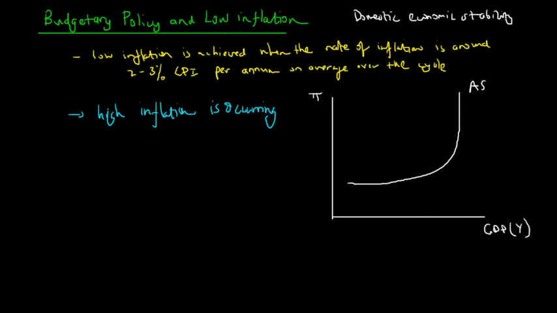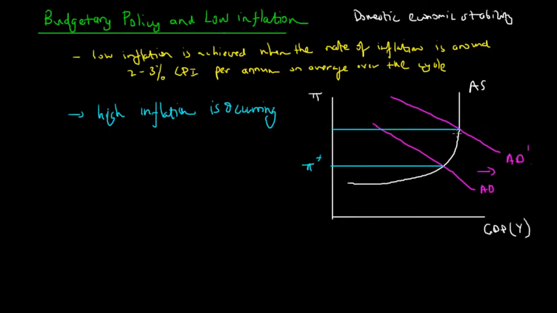In many cases when there is high inflation, the aggregate demand curve has shifted upwards or to the right. So what this means is that instead of being at a domestically stable level of around pi star, due to capacity constraints, the inflation has increased to pi 1.